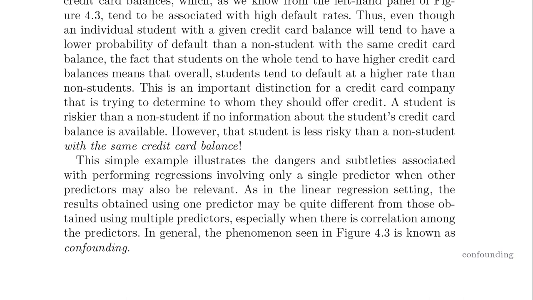As in the linear regression setting, the results obtained using one predictor may be quite different from those obtained using multiple predictors, especially when there is correlation among the predictors. In general, this phenomenon, seen in figure 4.3, is known as confounding.